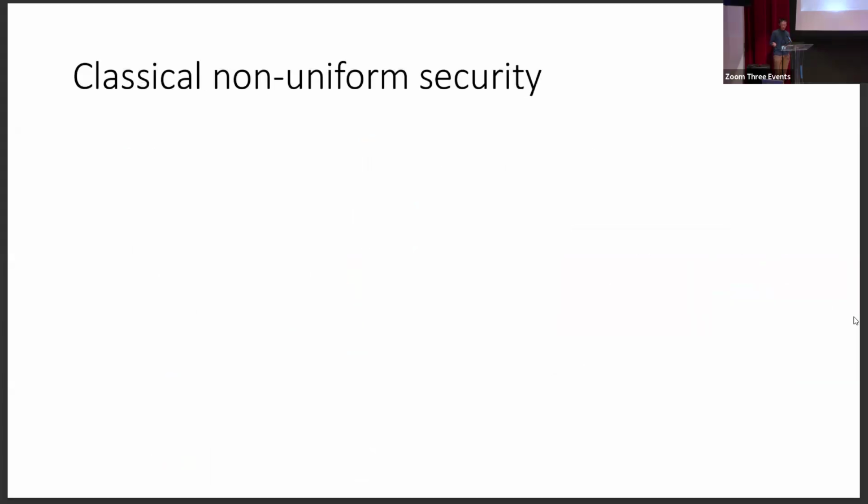Okay, before I tell you about the quantum proof, let me first tell you how you can prove this against classical adversaries. This is actually already done by the work of Goldreich and Krawczyk in 1992, and they call this object sparse pseudo-randomness.